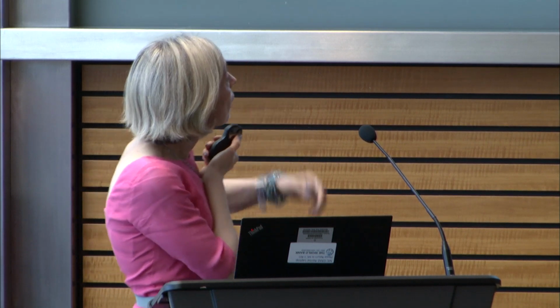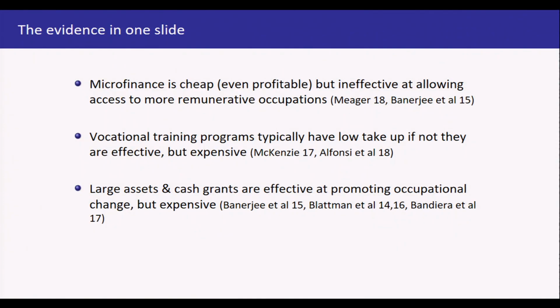And if we look at the literature that tries to evaluate programs such as microfinance, vocational training, large assets, and cash grants, we see that by and large, if you spend a lot, the program works. But that seems to be more of a necessary rather than sufficient condition. There are many programs that are poorly implemented, they cost a lot of money, and they do nothing. That's the worst case scenario.